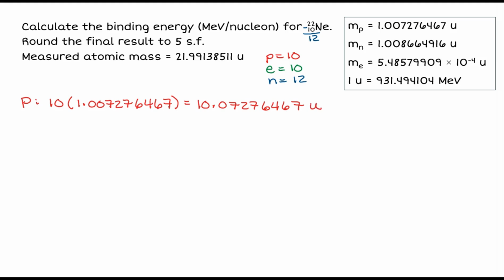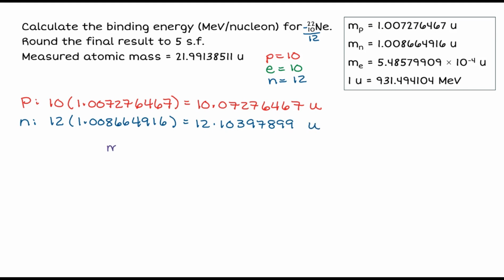We'll do a similar calculation for our neutrons. We have 12 neutrons times the neutron mass, which is 1.008664916. And when we do this math, 12 times 1.008664916, we get 12.10397899 u.